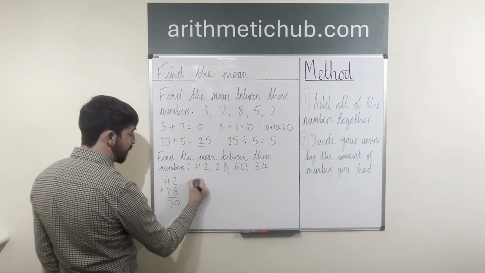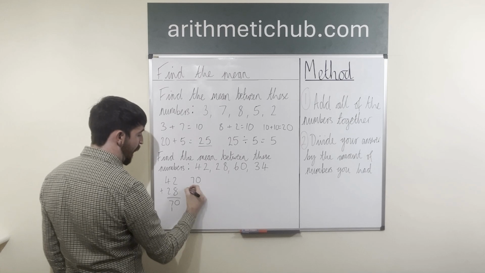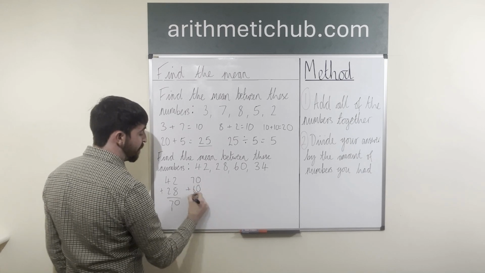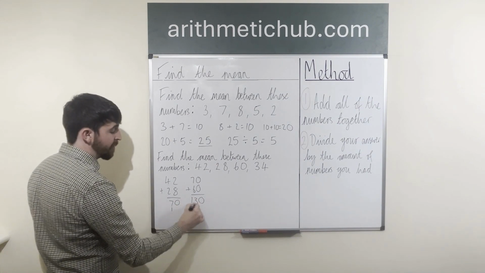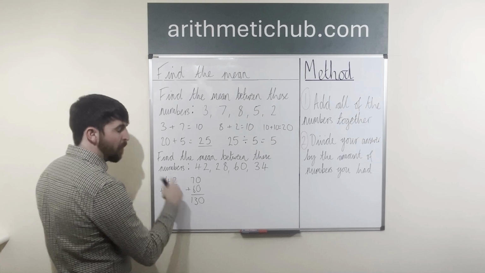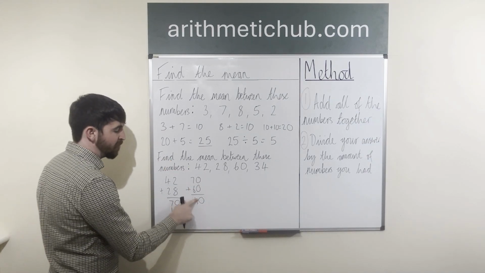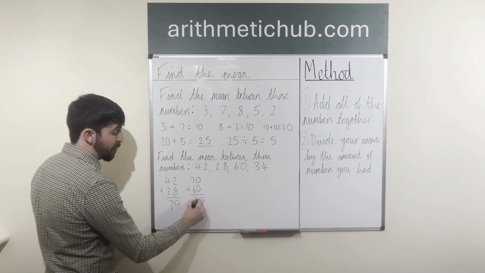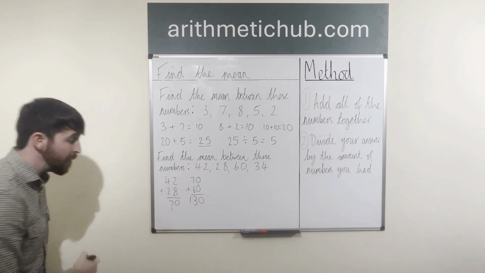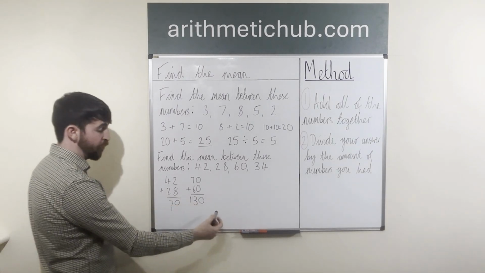Then I'm going to do 70 add 60. 0 add 0 is going to give me 0, 7 add 6 is going to give me 13, 3 goes down, and then we carry the 1 for 130.